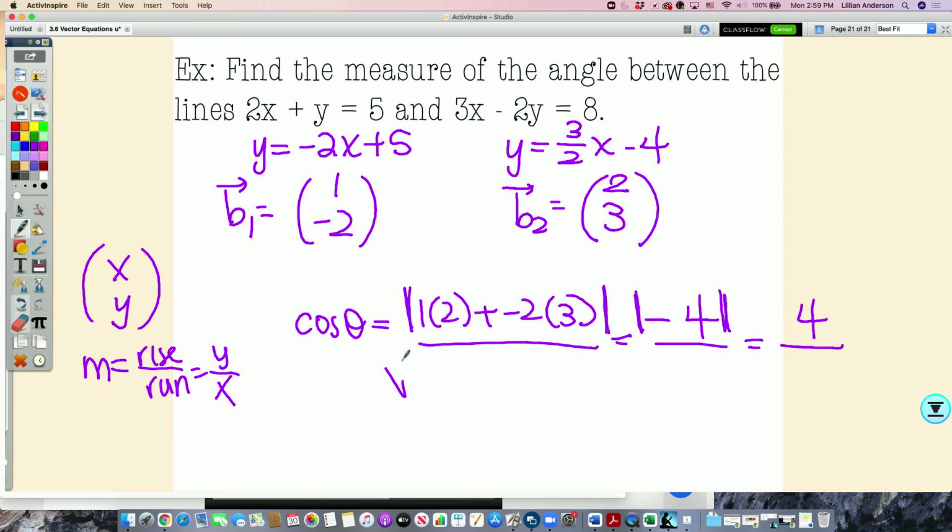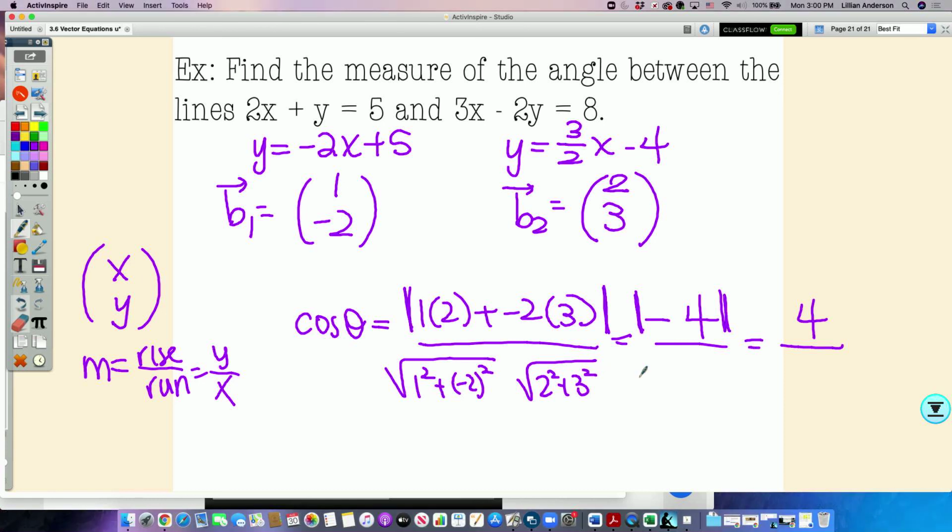The bottom is the magnitude. What's 1 squared plus negative 2 squared? 5, so the square root of 5. And what about 2 squared plus 3 squared? 13. So this becomes the square root of 65.